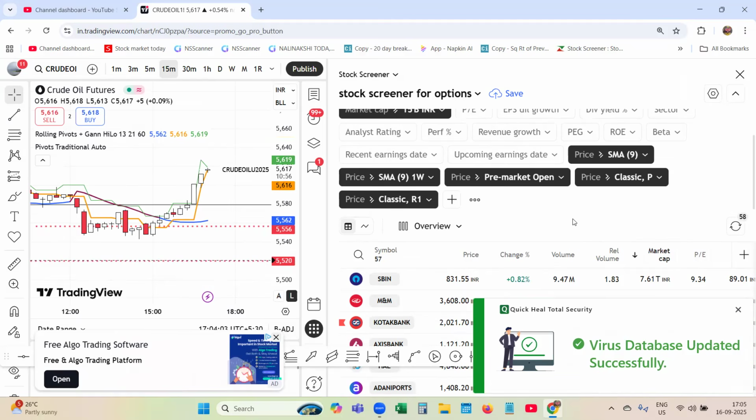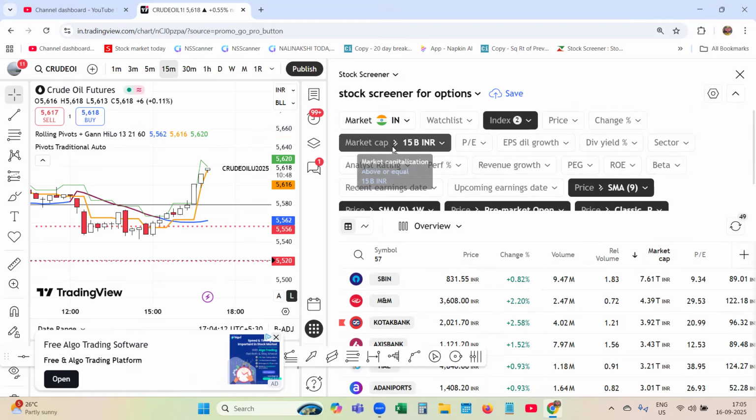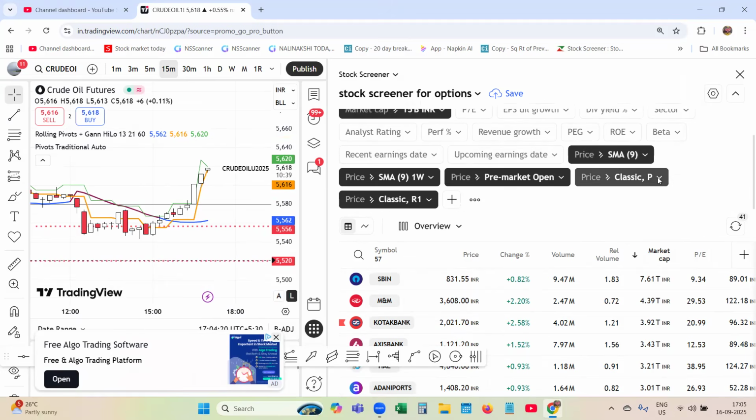That's it. I've applied all these parameters: selected the Indian market, two indices, market capitalization of 15 billion, and price above the simple moving average on daily as well as weekly.